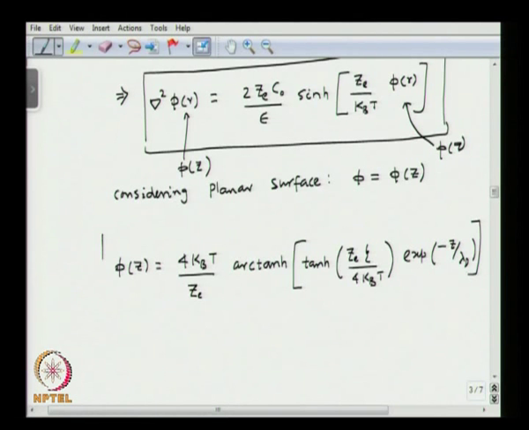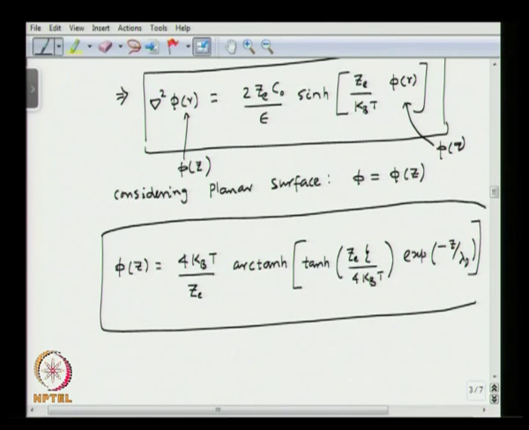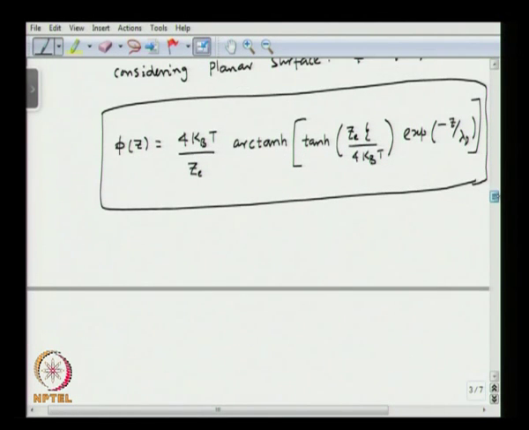So this is how the potential is going to vary away from the wall in a direction normal to the wall into the liquid.